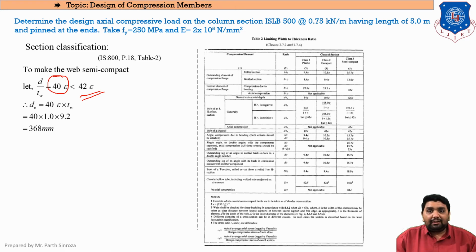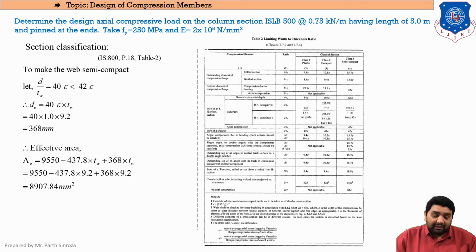In every scenario, whenever this case fails, we will always take the value to be equal to 40 epsilon. As epsilon comes out to be 1, d, that will be our effective depth. So effective depth comes out to be 368 mm in this case. Clear? And now we will be finding the effective area. The equation here of effective area will be the total area that was obtained from our steel table.